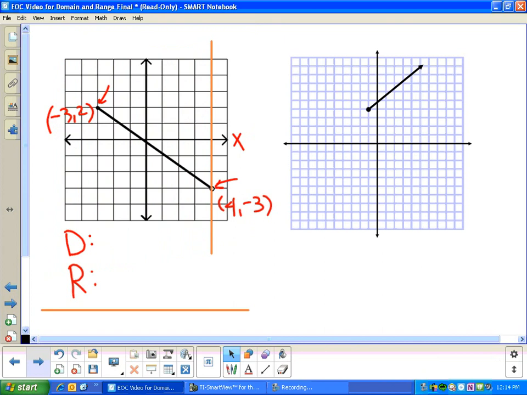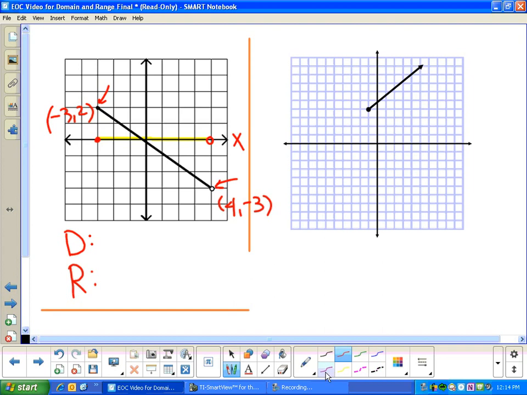Wait a second, it's an open circle. Let me make sure that I'm good about this. This is a closed circle where I start, and this was an open circle where I ended. I highlighted right here. Now I just have to represent what I highlighted, because those are all the possible x values. That's my domain. My minimum value is -3, and domain is x, so -3 is less than or equal to x.